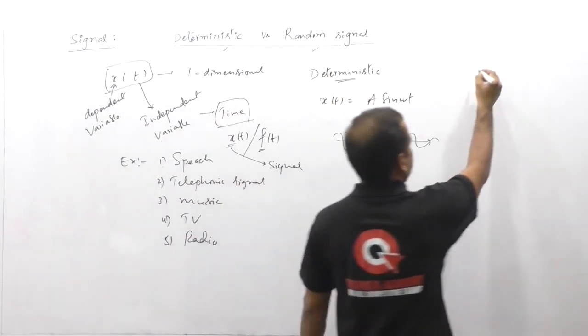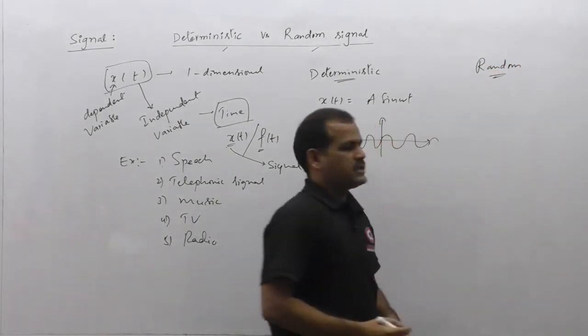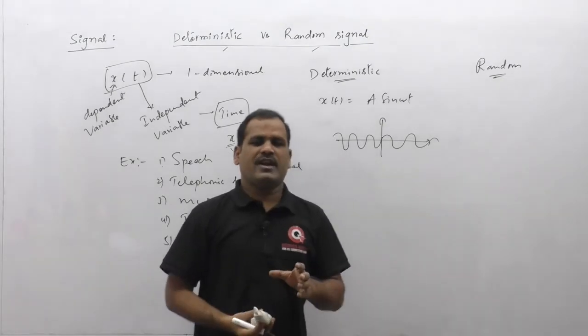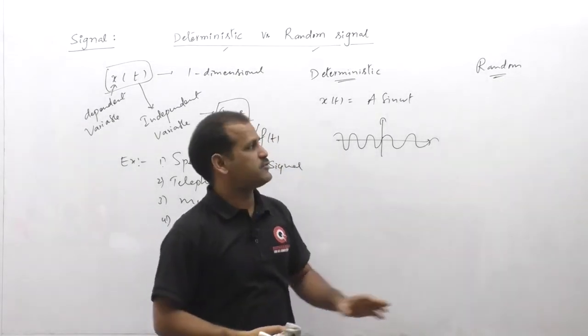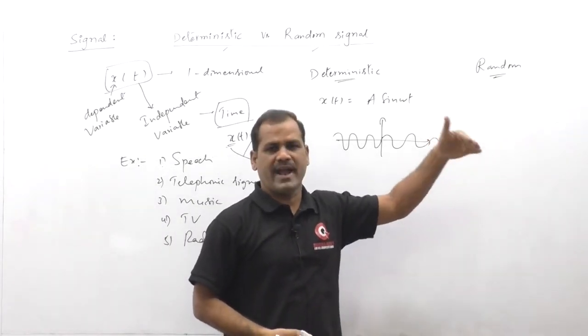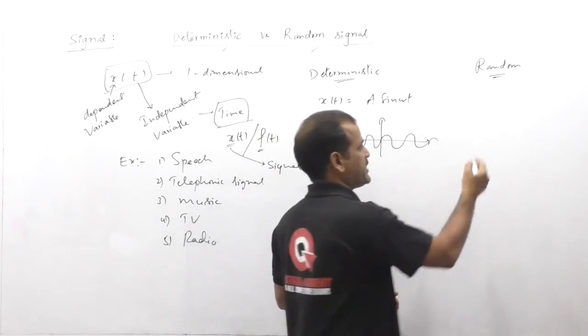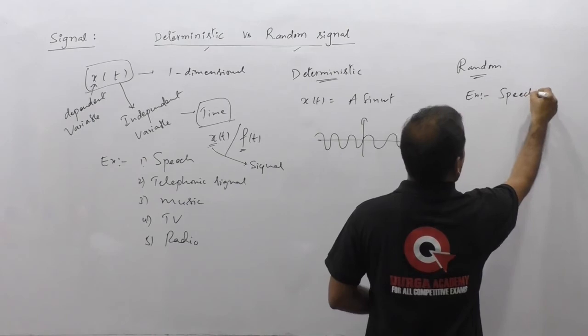Whereas random signals, if we consider, the actual value of a random signal cannot be estimated before it actually occurs. Such signals we are taking as random signals. Example, a speech signal is a random signal.